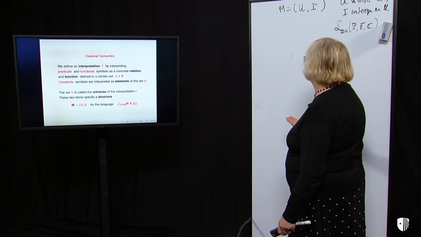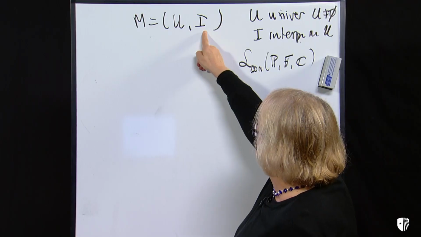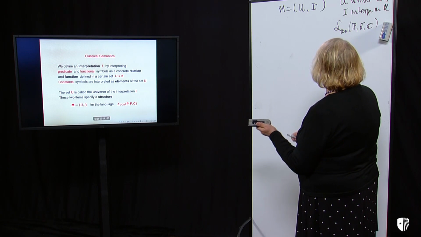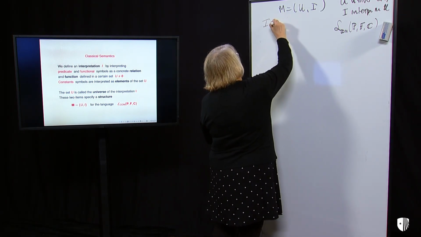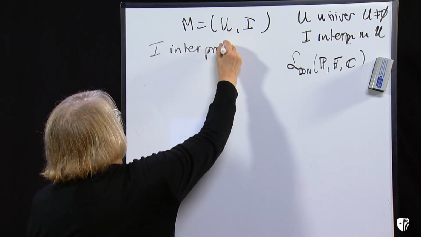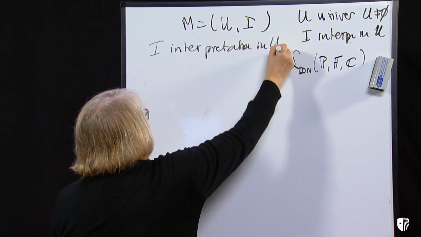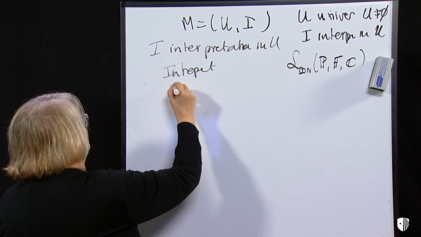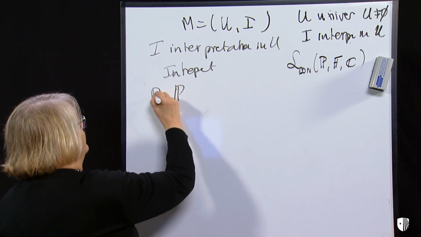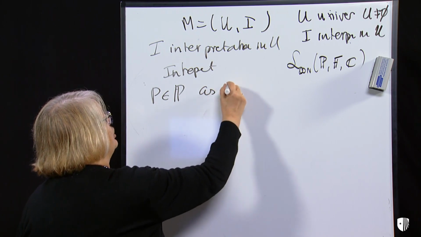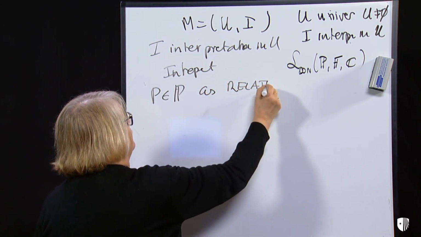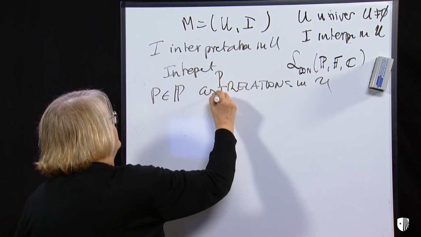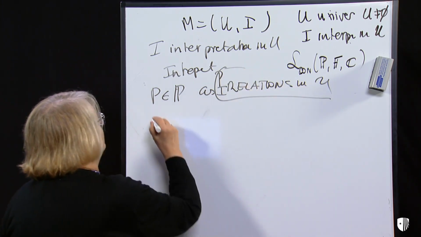And what it means is that the interpretation E in U interprets, it means represents, predicates P as relations, real relations in U. So P_E is a real relation.